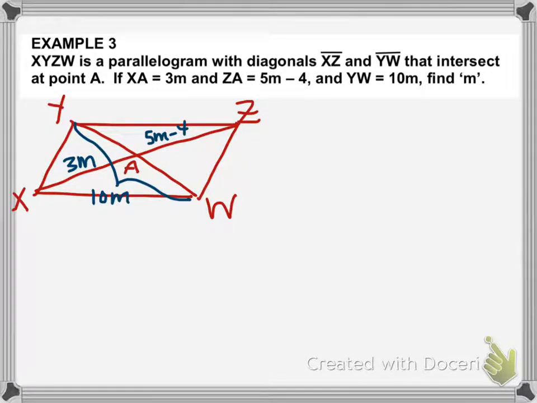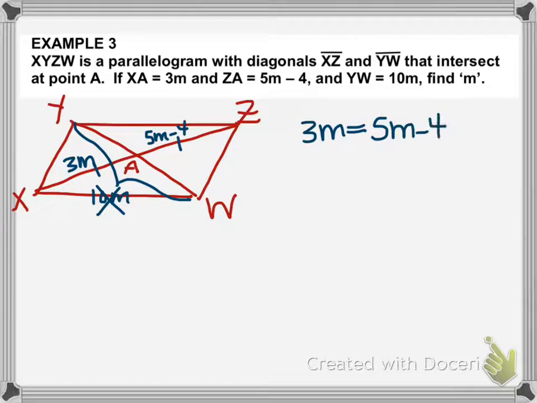Okay, so we've got a lot of information here. The things that are congruent, I know that XA and AZ or ZA should be congruent because YW bisected it. I know that the two diagonals are not congruent in a parallelogram, so I don't think I'm going to do anything with the 10m. I think that's extra information. So let's go ahead and set the 3m equal to the 5m minus 4.